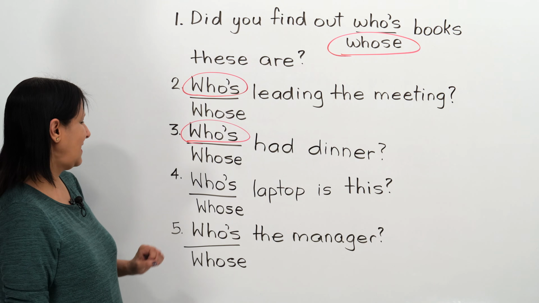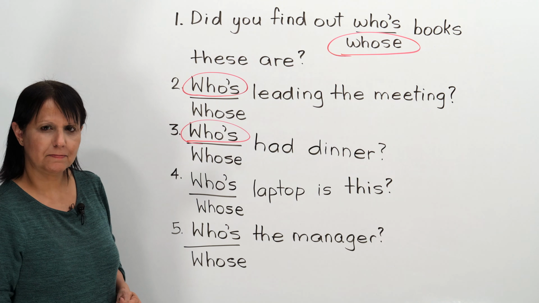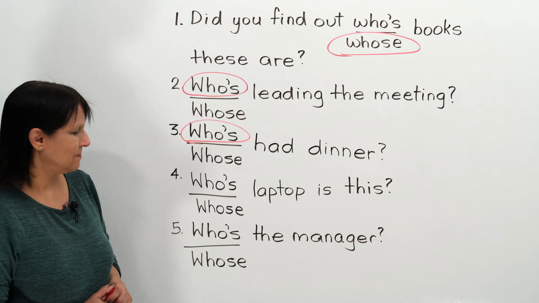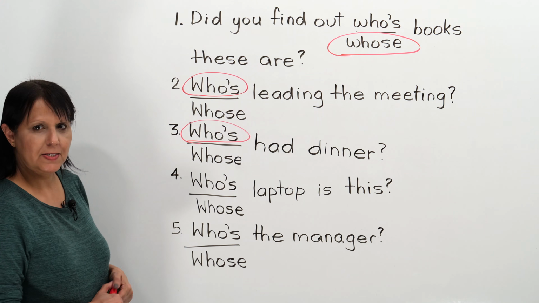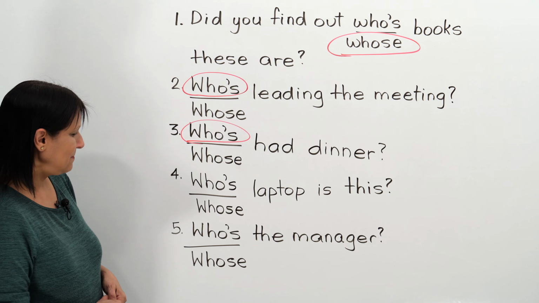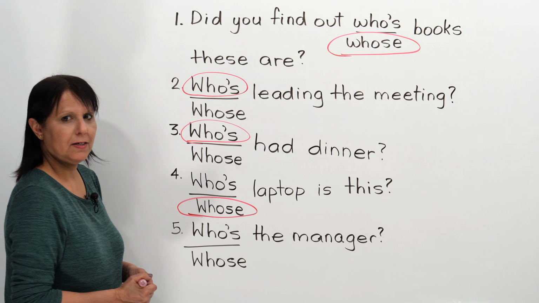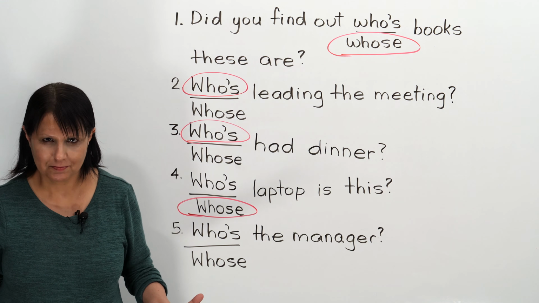Good. Number 4. Whose laptop is this? Somebody forgot it. Whose laptop is this? So which one do we choose? The first one or the second one? It is this one, because we are really asking, who does this laptop belong to, right?